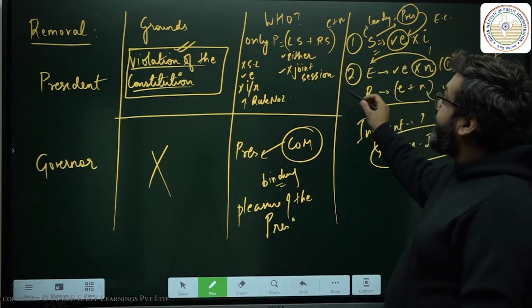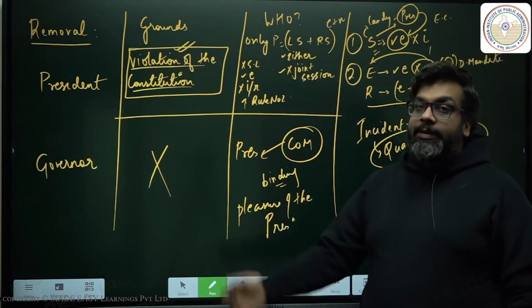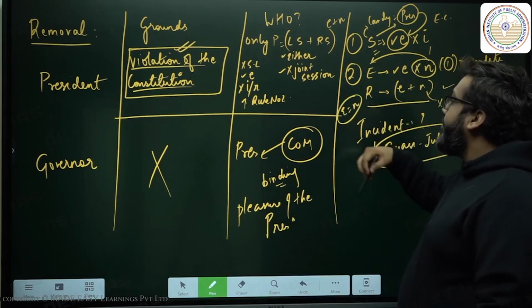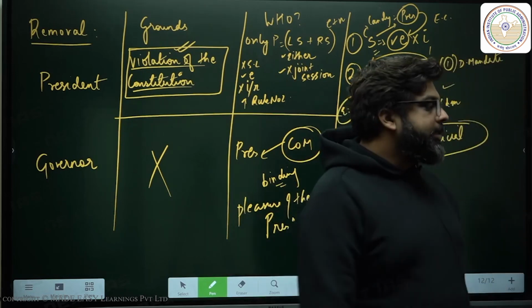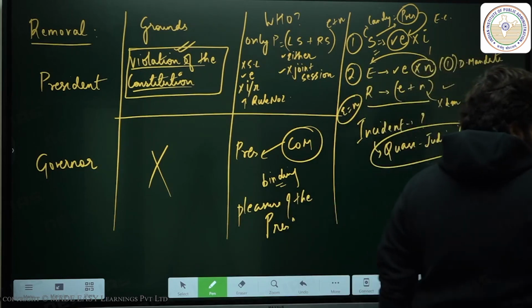And if this is going to be done on the floor of the parliament, as a parliamentary process, then both elected and nominated members should be given the same kind of powers, right? So this is why.